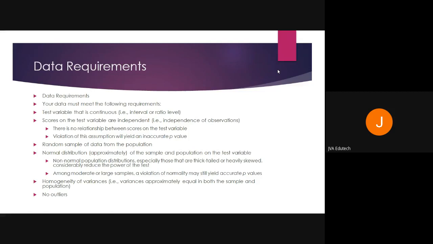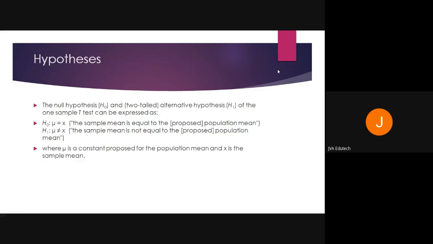There should be normal distribution, your data should be normally distributed. There should be homogeneity in the variances and no outliers, because outliers will affect the mean value. This is your data requirement for doing one sample t-test.